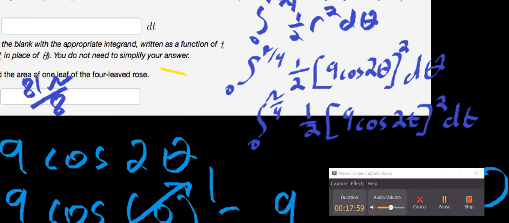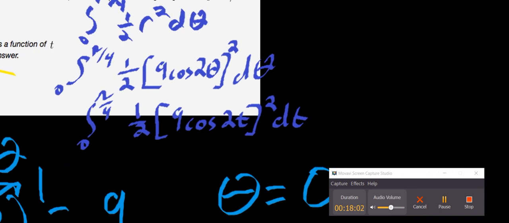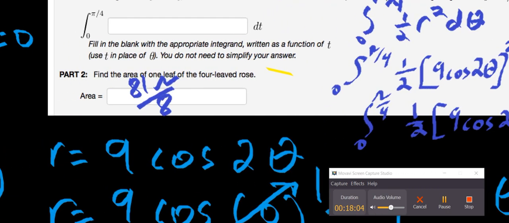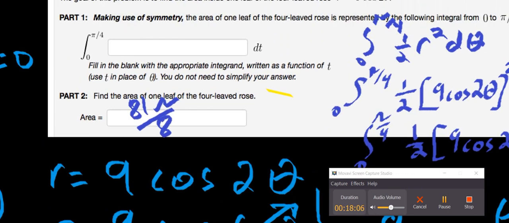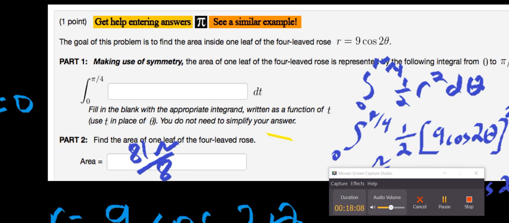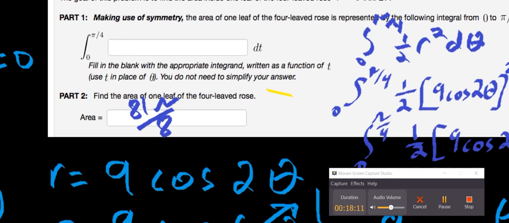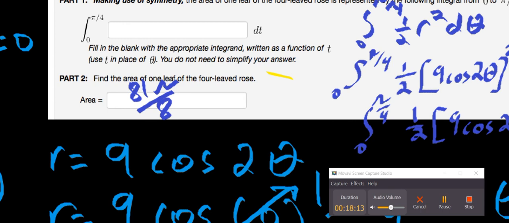And that, I believe, will suffice for an answer to part 1, because you do not need to simplify your answer. Use t in place of theta.